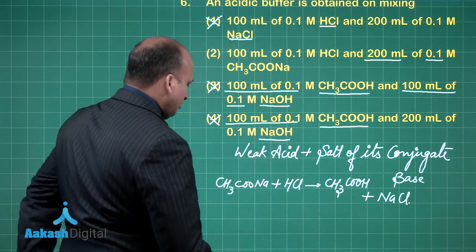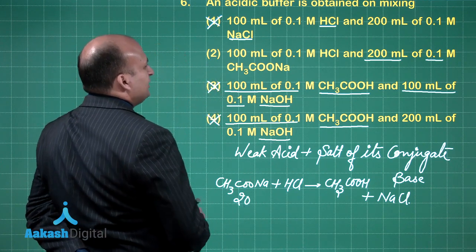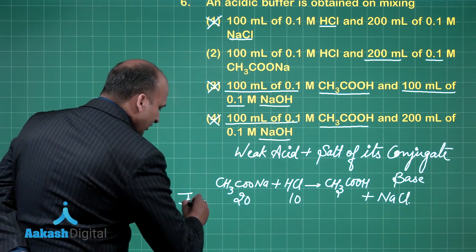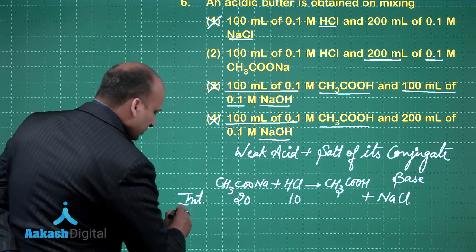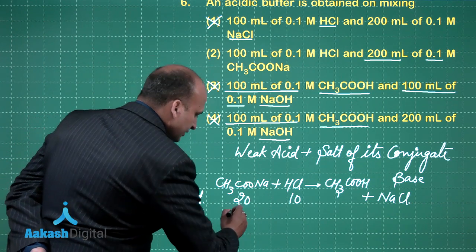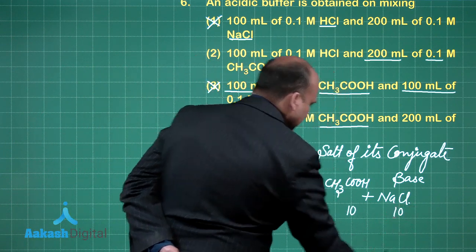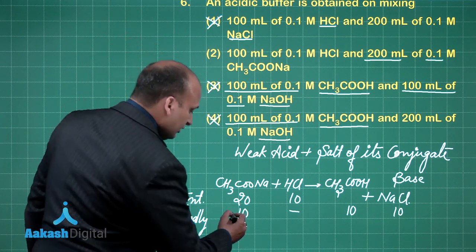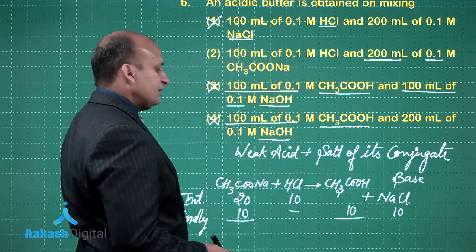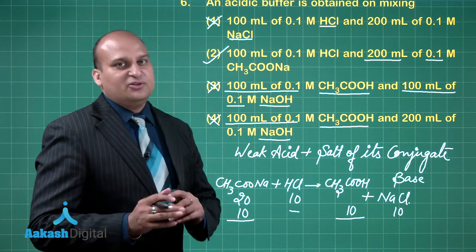So, multiply both, you will be getting 20 millimoles, and for HCl you will be having 10 millimoles. So, suppose you are starting initially with this mixture, finally what is it that you are going to get? Here HCl is the limiting reagent, you will get 10 here and 10 over here and 10 NaCl, right. So, the solution is having 10 millimoles of sodium acetate and 10 millimoles of acetic acid, and thus choice number 2 is giving you the acidic buffer solution. Okay.